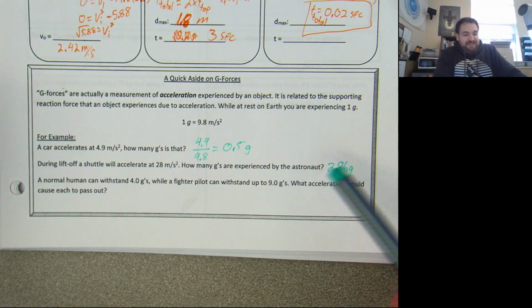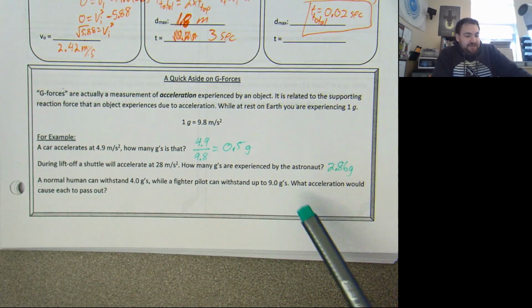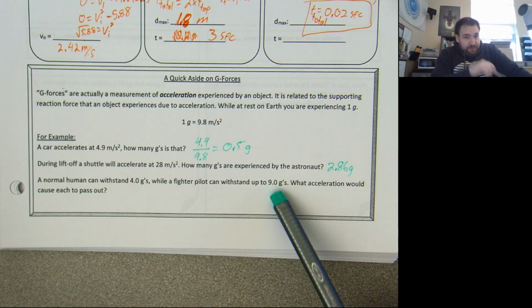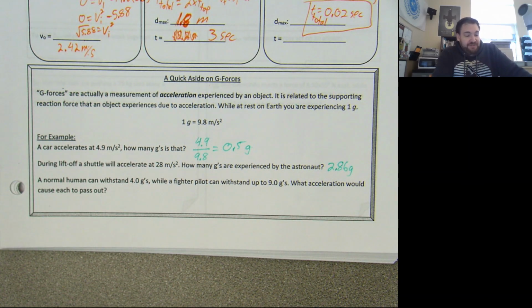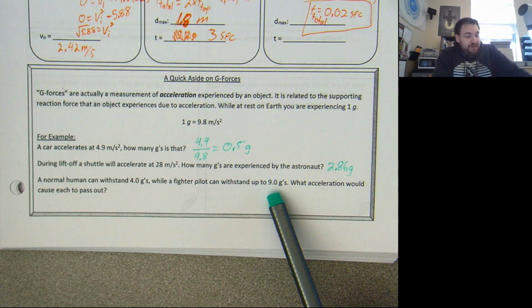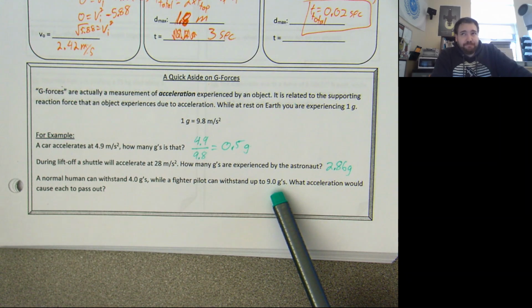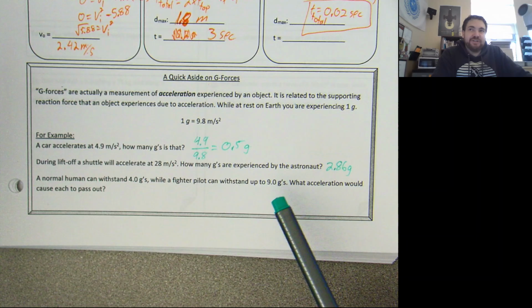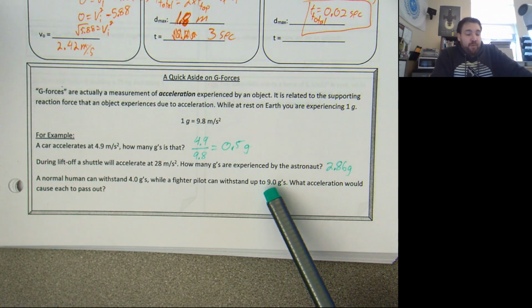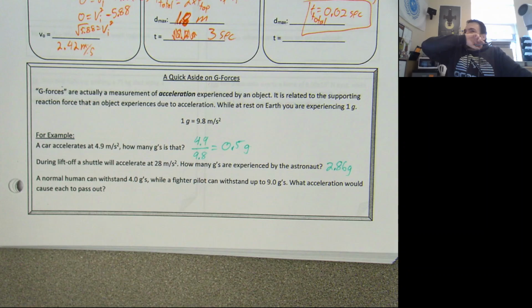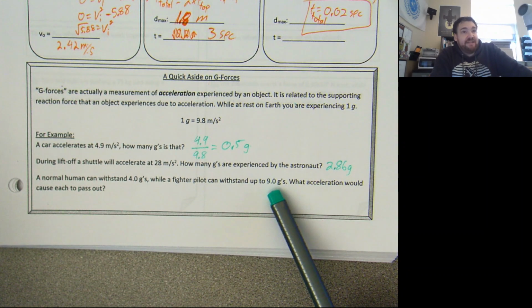It's a lot of work to sit there and fly a plane because they want to be able to use their own muscles to hold that blood in their head as well. So a normal human, 4 Gs, a fighter pilot, 9 Gs, roughly on average. And from what medicine has told us, anything past 11 Gs will kill a person.